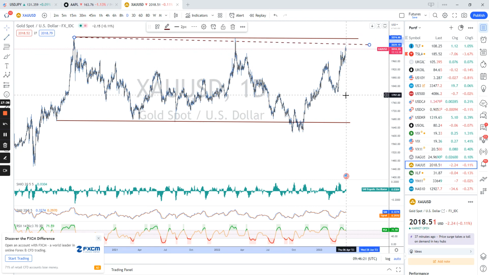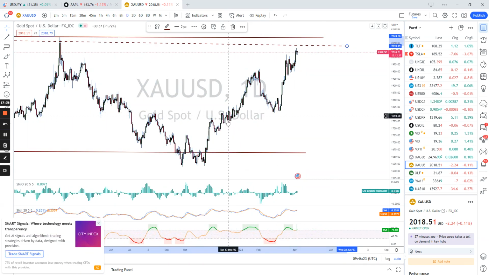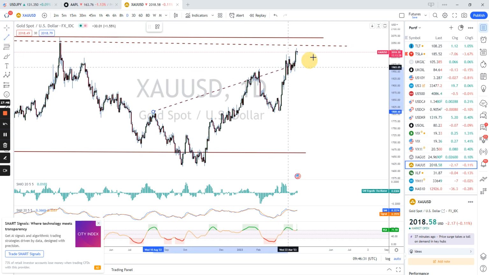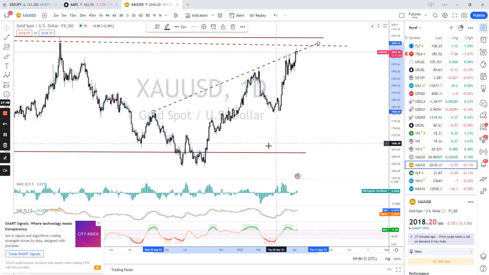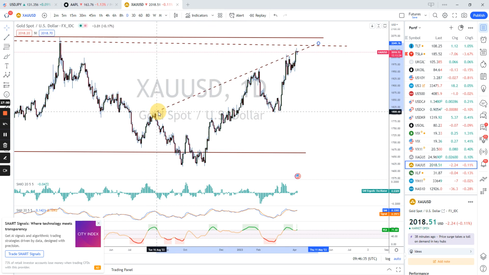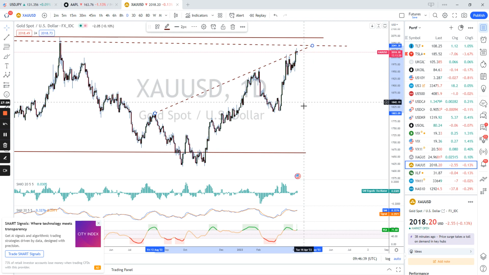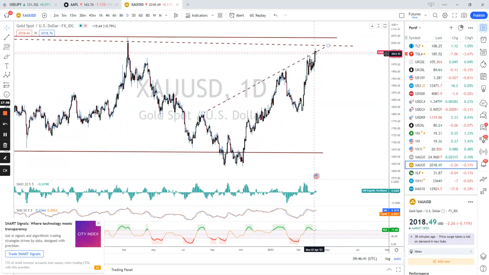So either way, we have gold approaching a strong resistance. And what does that mean? It means that trading here to the long side and to an upside continuation will not be easy, and we need a lot of confirmations and a break above 2050 for the upside continuation.